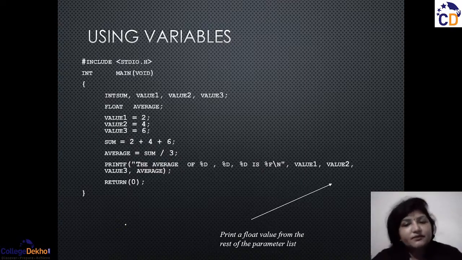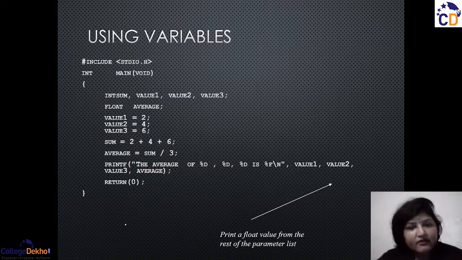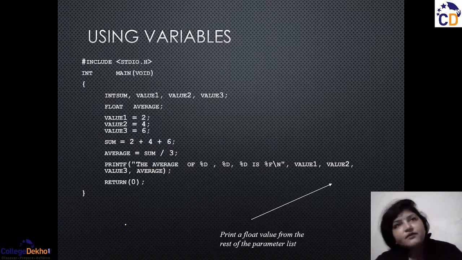When we are using data types, while printing on the screen we use %d for integers and %f for float.